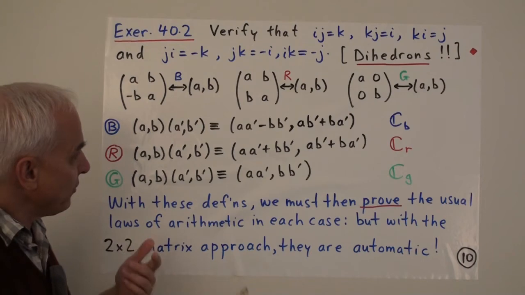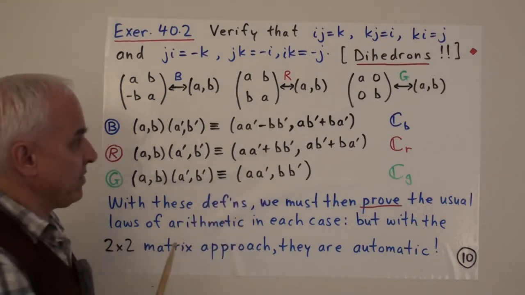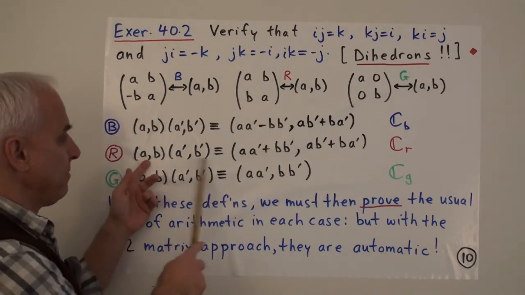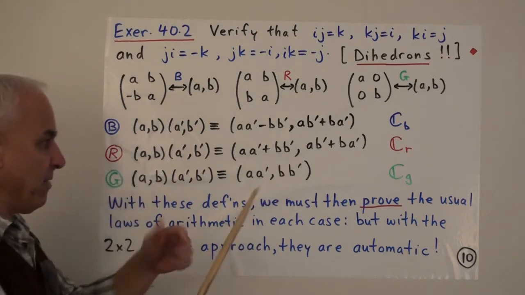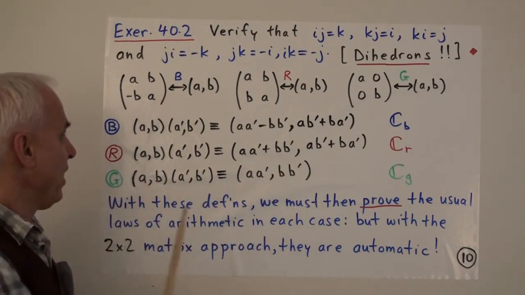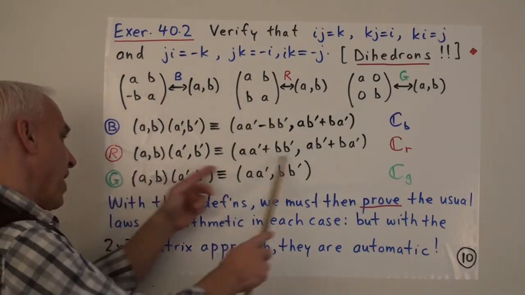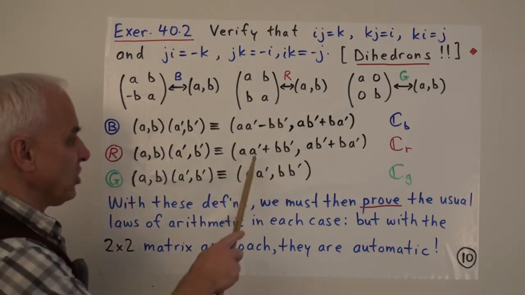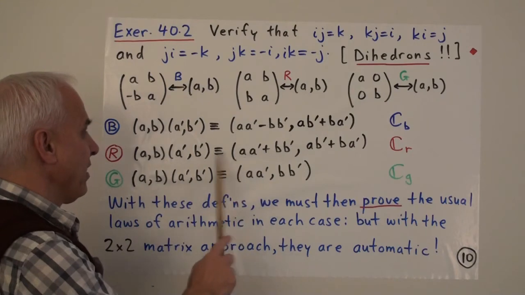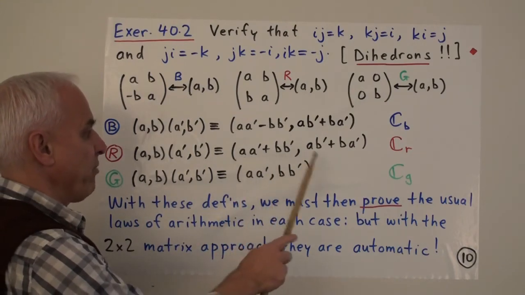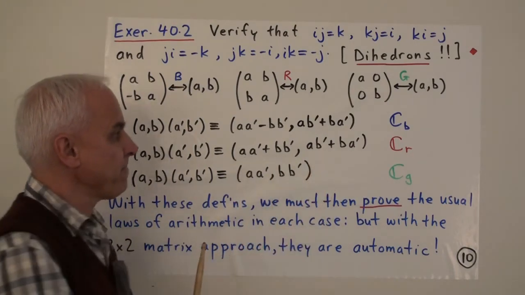Okay, so we can do the same thing here with the red complexions. And again, this is basically formulas that we've seen before. I pointed them out before. If you multiply this matrix times another one, then you can rewrite the product just in terms of the top rows as AA' plus BB', AB' plus BA'.